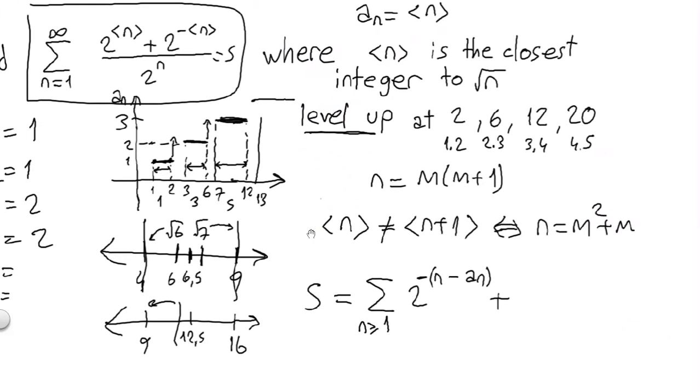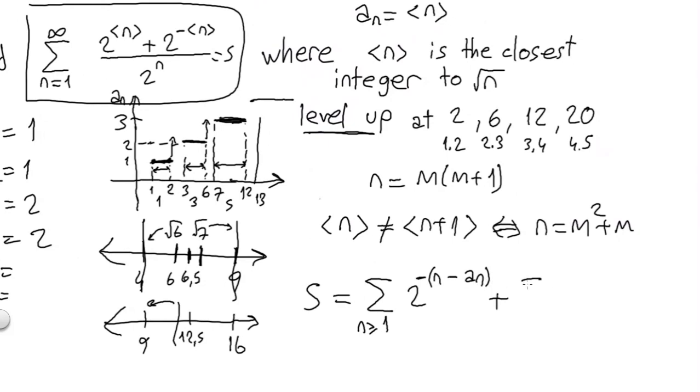So now I have this thing, and for the second part, I'm just separating these sums. It's why I talked about convergence. If it's not convergent, I can't separate them. And for this part, this is just going to be 2 to the minus n. And this is also minus n. So I can, again, just put it with parentheses.